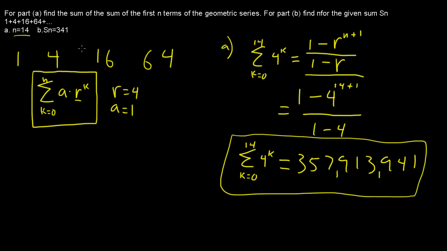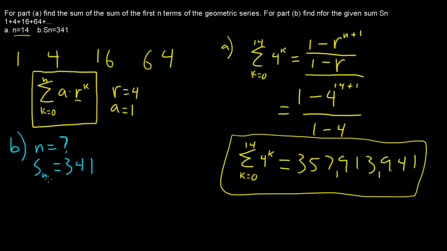Alright, so now for part B. Let's go ahead and pick a different color here. Part B wants to know what is n when s sub n is equal to 341. This is pretty easy.